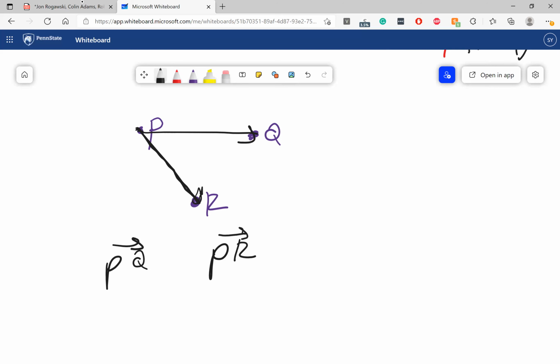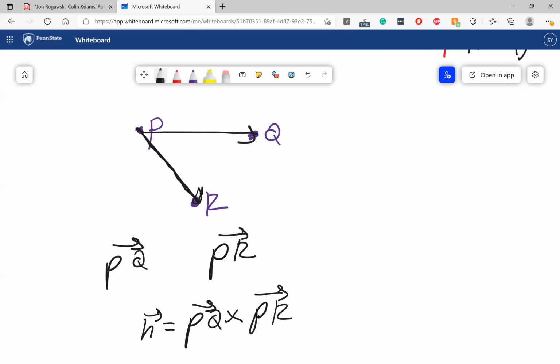Take their cross product. So the normal vector to our plane will be the vector PQ cross PR. Now we have our normal vector, and we then need one point in the plane. We have three. We can choose one of them, and we will be done. Any questions about this?